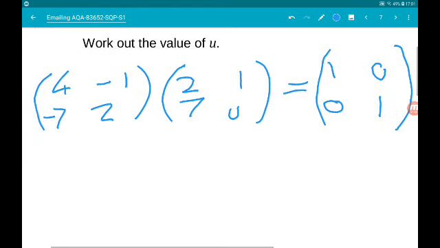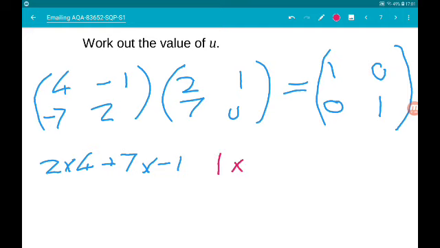So, the top left element is going to be 2 times 4 add 7 times minus 1. The top right element is going to be 1 times 4 add U times minus 1.